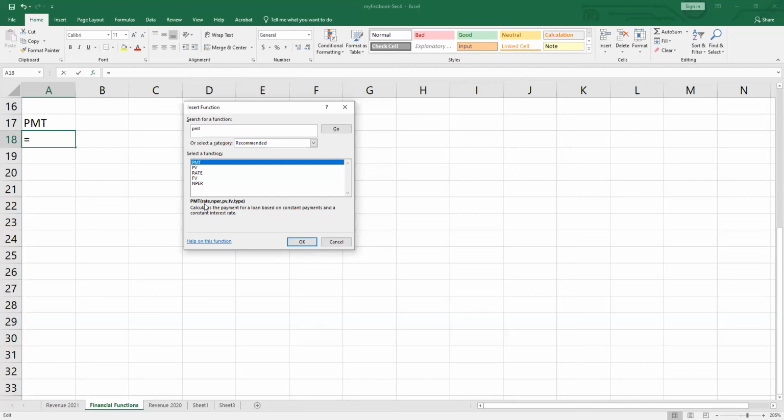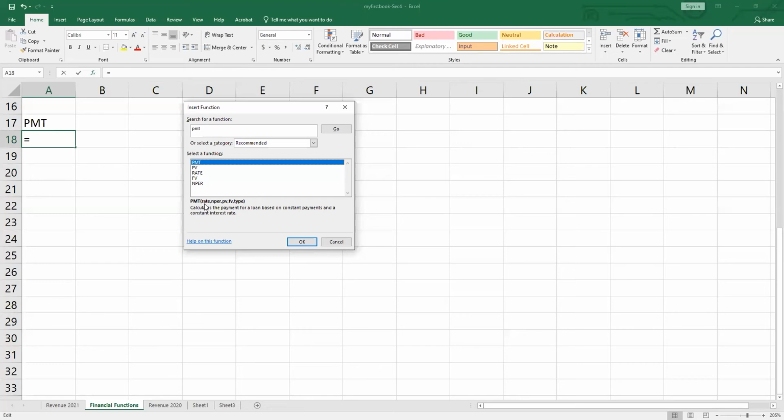For example, if you ask for a loan for a year, pv or present value means the value of the money that we have got now, on the first day that the contract starts, and fv future value means at the end of 1 year, how much is the value of the money. That is the meaning of pv and fv.